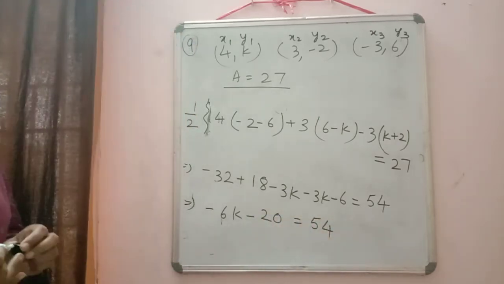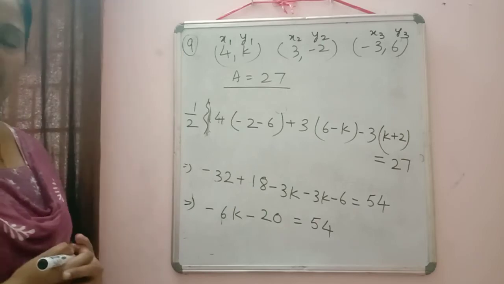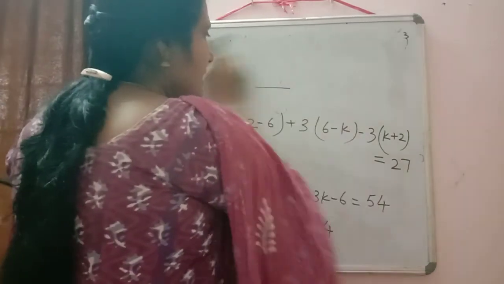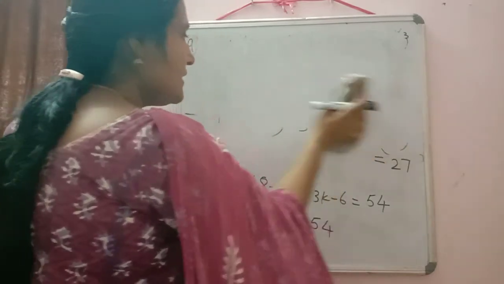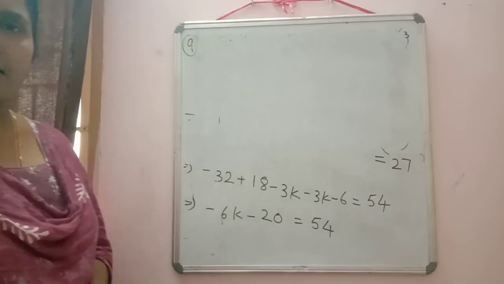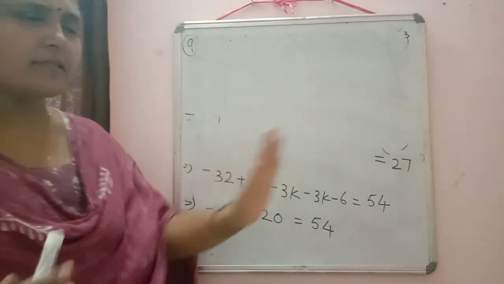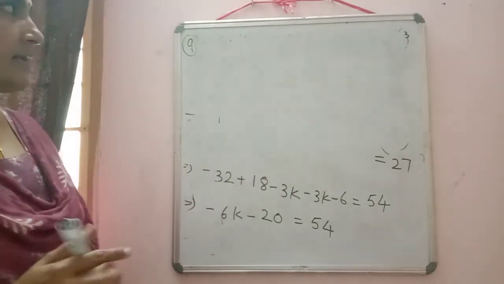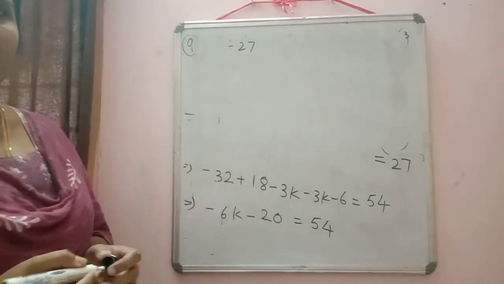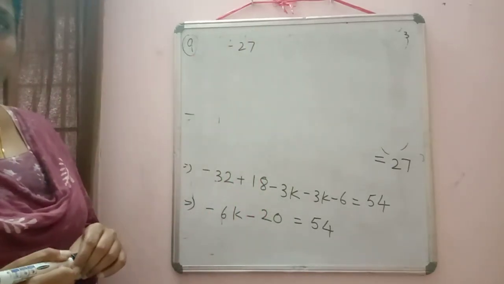Now here we will get two values of k. Why are we getting two values of k? In the question, it was given that area is equal to 27. Suppose you got a positive value only; if your area is coming minus 27, then also we can write it is equal to plus 27.